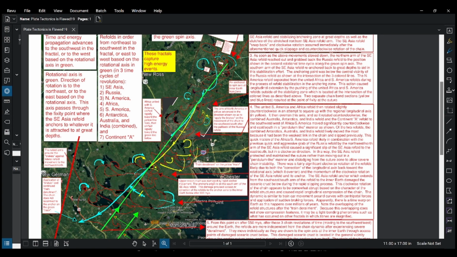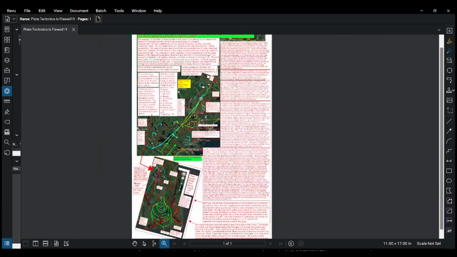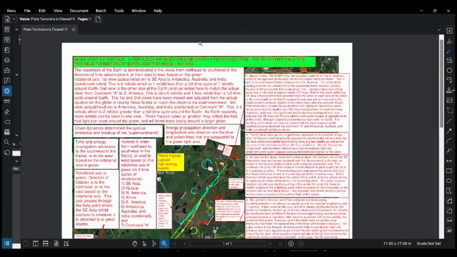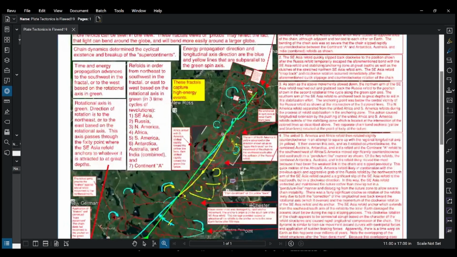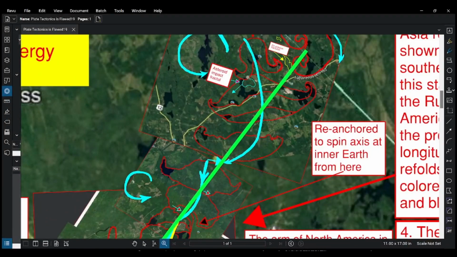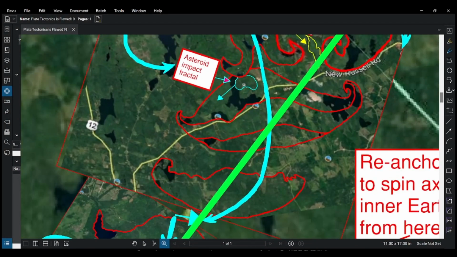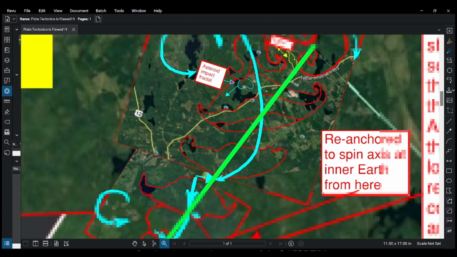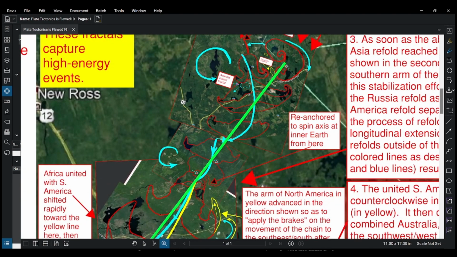All right. So now this fractal is between 670 and 550 million years ago. Actually, the impact occurred 750 to 800 million years ago. And there's a fractal of the impact on North America, which is now Canada. See the direction that it hit. The equatorial spin axis is shown in green.